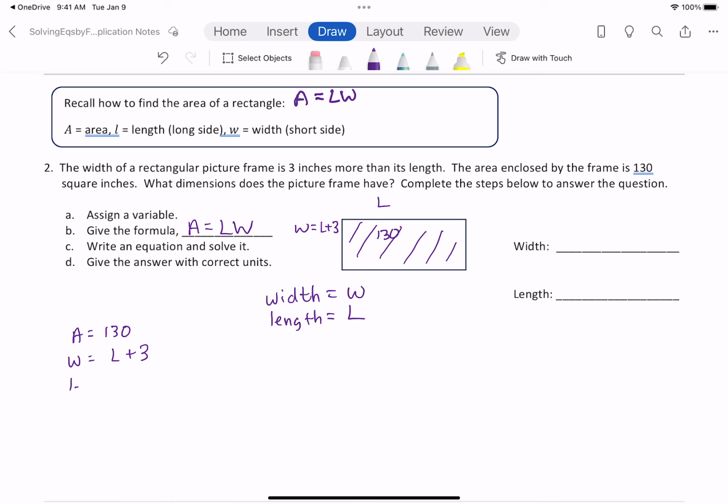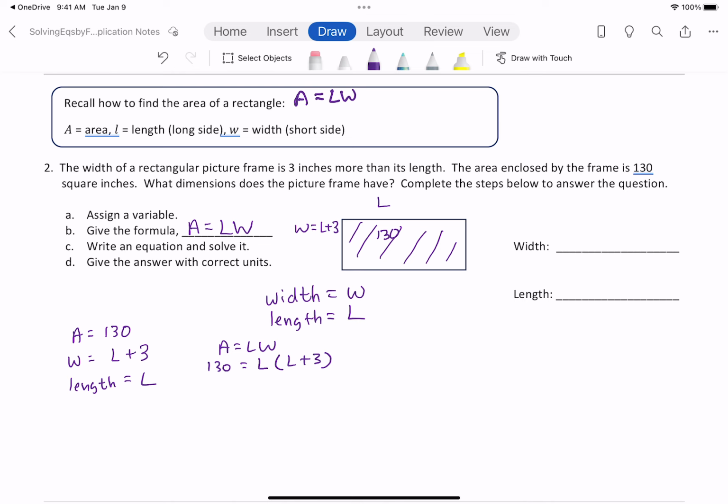And we're just going to let length equal L. So now all we need to do is substitute this into our formula. A equals L times W. So we know A is 130. We don't know what L is, so we're just going to write L for the length. But the width we know can be represented by that L plus 3.